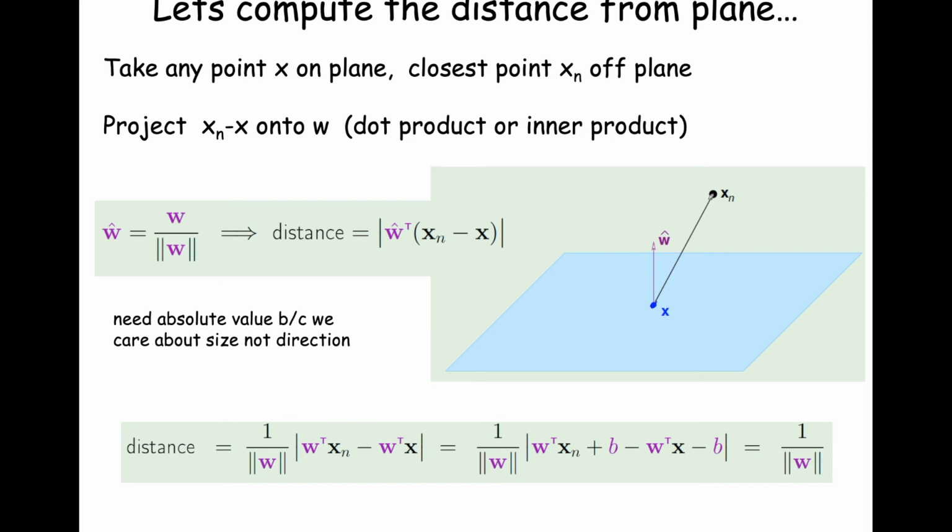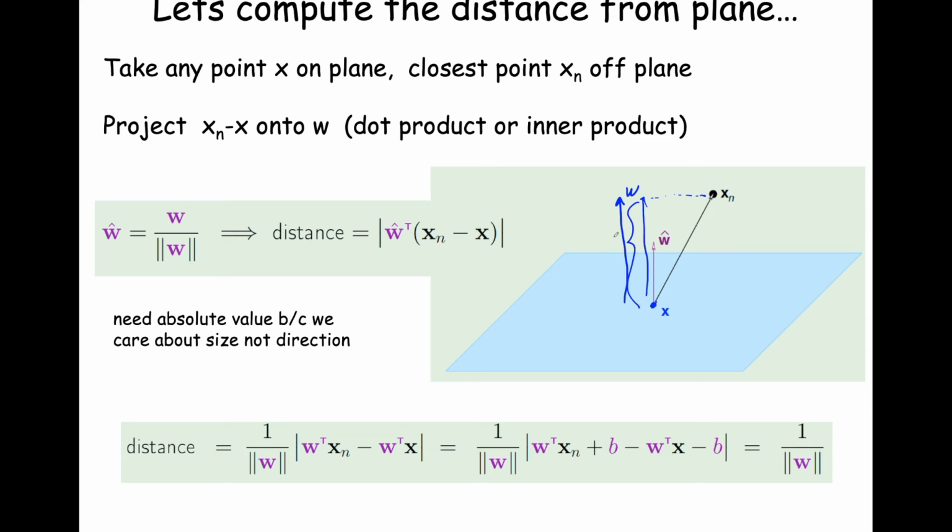And so if we wanted to measure the distance between xn and the plane, that's just going to be the projection of xn in the direction of that w vector, which is orthogonal to the plane. That's this distance. Now, of course, what we want is not w, but the unit vector in the direction of w. So there's the unit vector in the direction of w, and w itself is that vector.